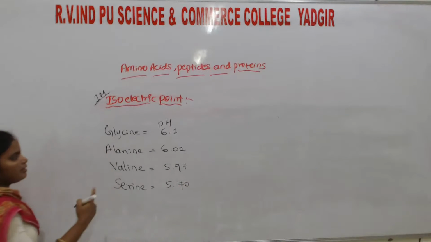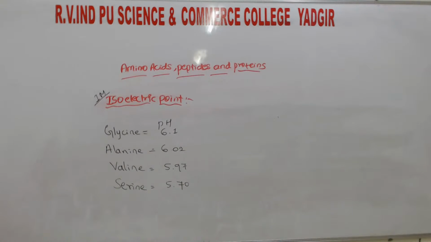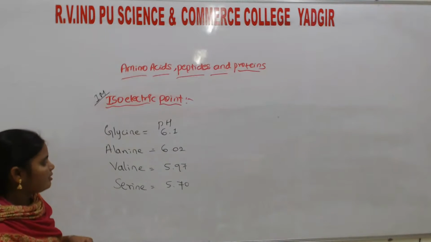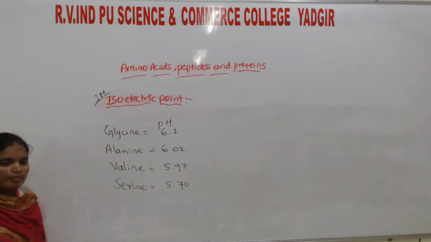These are the pH values of the isoelectric points.